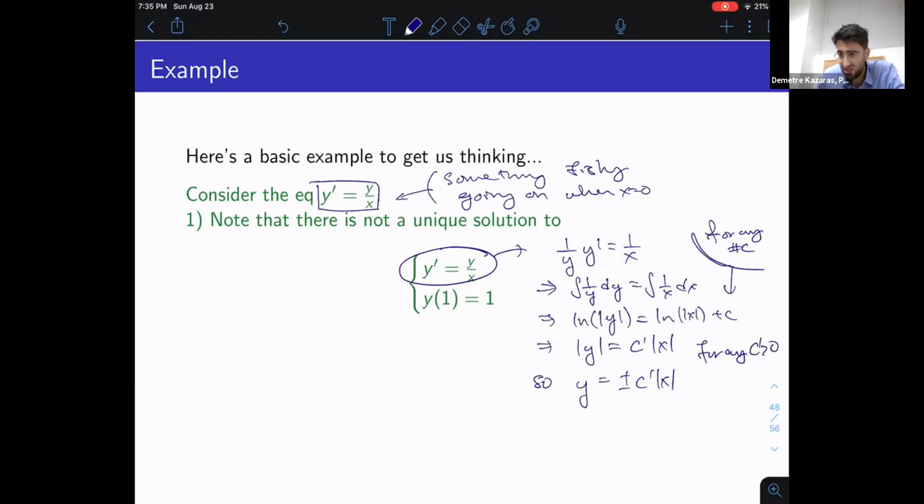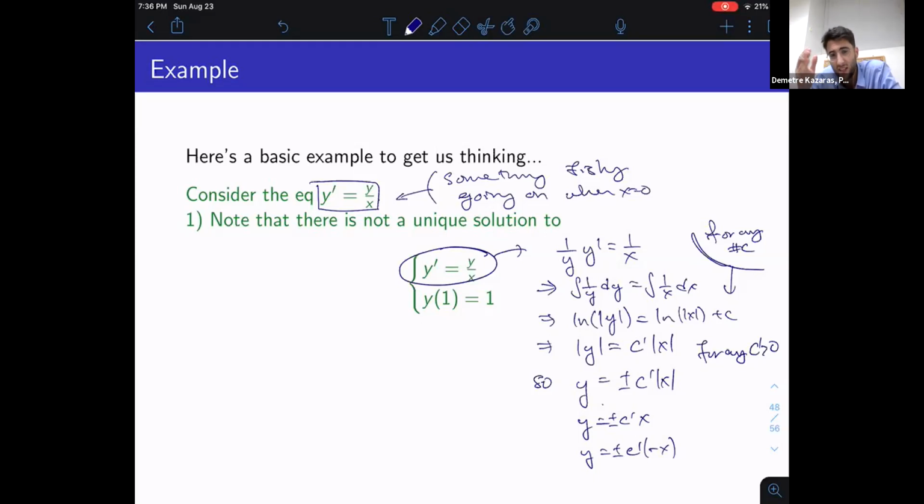Okay, so let's just take a look at it on the fundamental level. Any of the following are going to be solving the equation. So, y equals c prime times x, and y equals c prime minus x. These are all solving the equation. Kind of the same thing. Anyways, they all solve the equation.